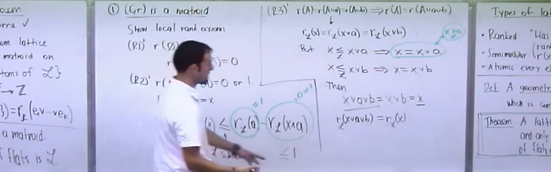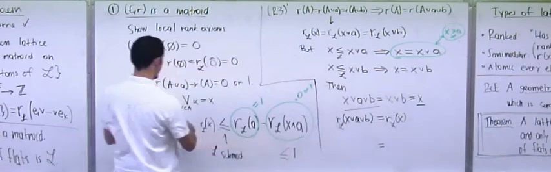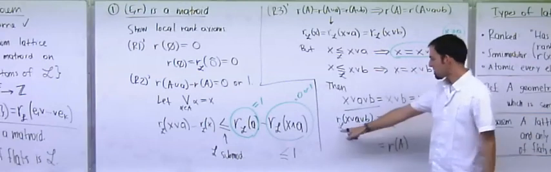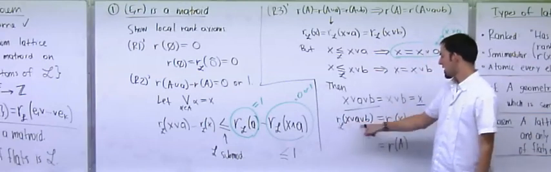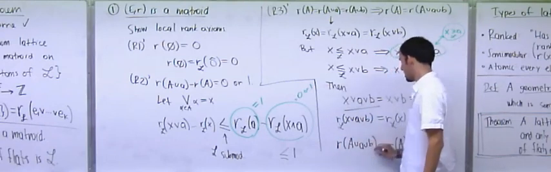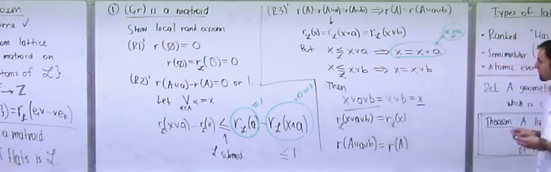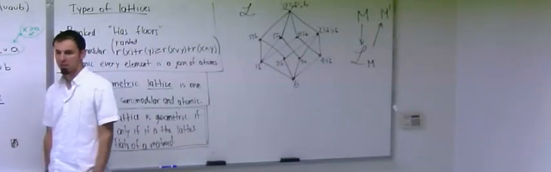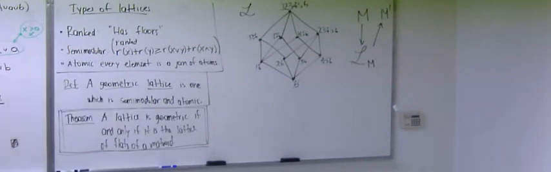But by definition, the rank in the lattice of X is the rank of A. And by definition, the rank in the lattice of X join A join B is the rank of A union A, B. Okay. And so that proves my third local rank axiom, and that proves that this actually is the rank function of a matroid. Any questions about this before I continue?